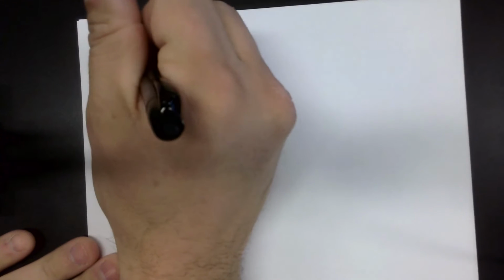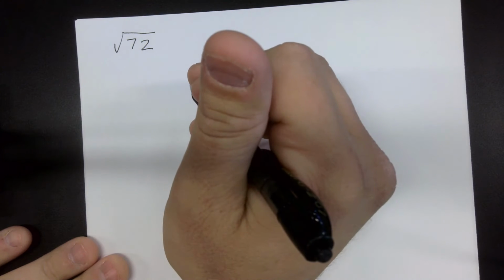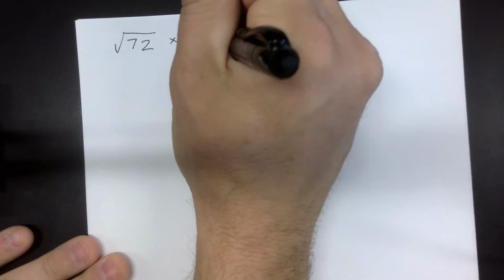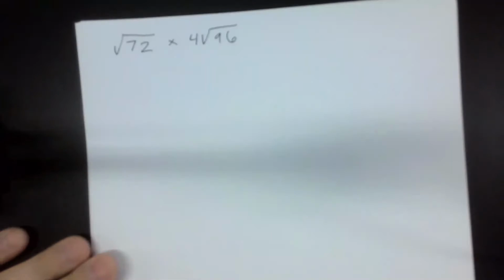So, if we have the square root, I'm going to show you how to do this problem two different ways. The square root of 72 times 4 square root of 96.